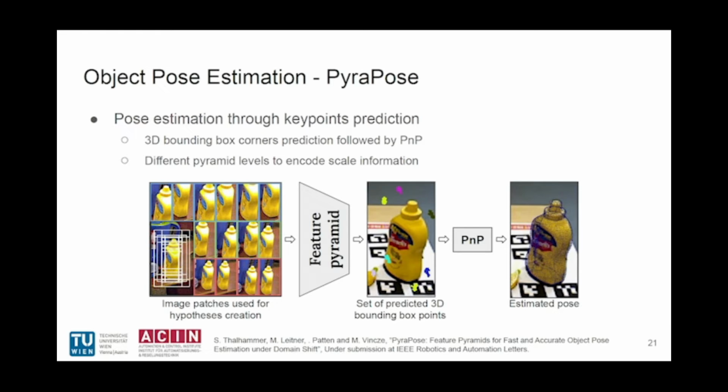But you predict it multiple times through the feature pyramid, so you have a set of hypotheses for every corner. And you again have a set of 2D-3D correspondences, because those points in the 2D image correspond to corners of the 3D bounding box. So you can use perspective-n-point again to predict your final pose.